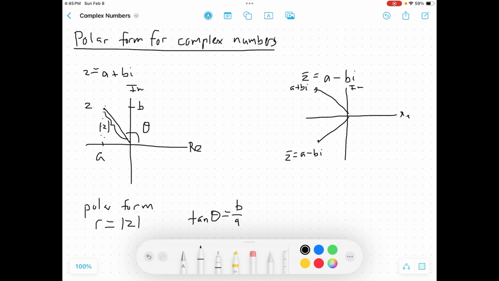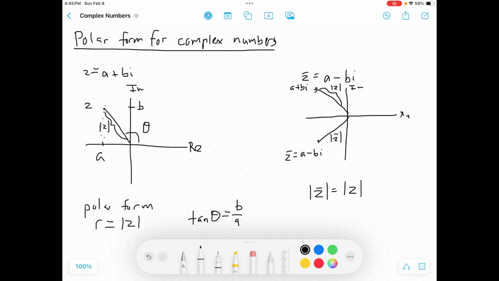If you'll notice, the modulus shouldn't change, so the modulus of z bar should just be the same as the modulus of z.